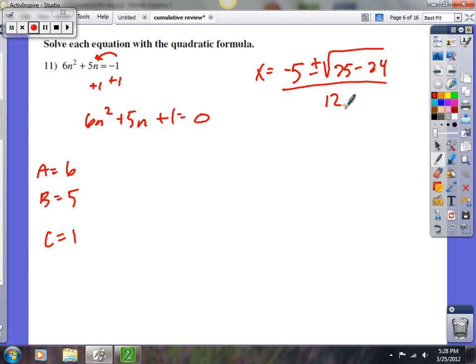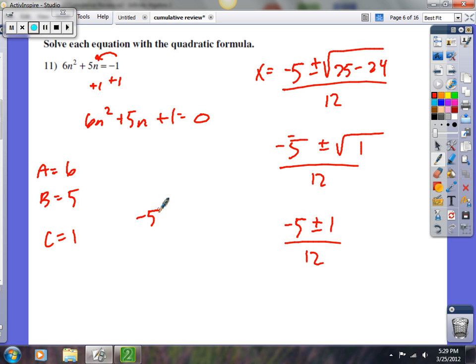Okay, I think this one's going to be pretty fun. So we got -5, whoops. So yeah, it's -5 plus or minus the square root of 1 all over 12, and this is nice because the square root of 1 is a whole number. The square root of 1 is just 1. So here's what you really have: -5 plus or minus 1 divided by 12. So let's do both of them.